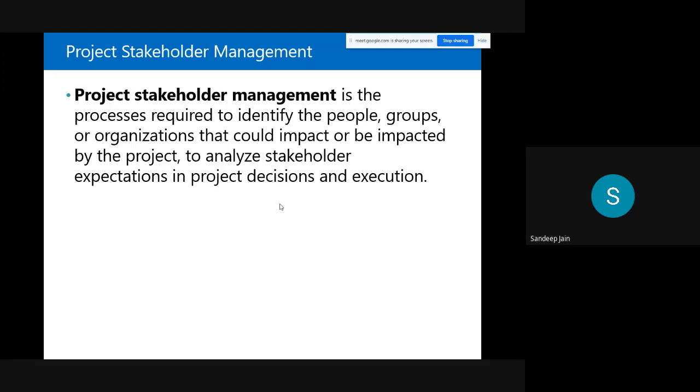That is important. And the other thing is could impact or be impacted. So the stakeholders can impact the project or the project can impact the stakeholders, and both can happen simultaneously. And to analyze the stakeholder expectations, and also to manage stakeholders.